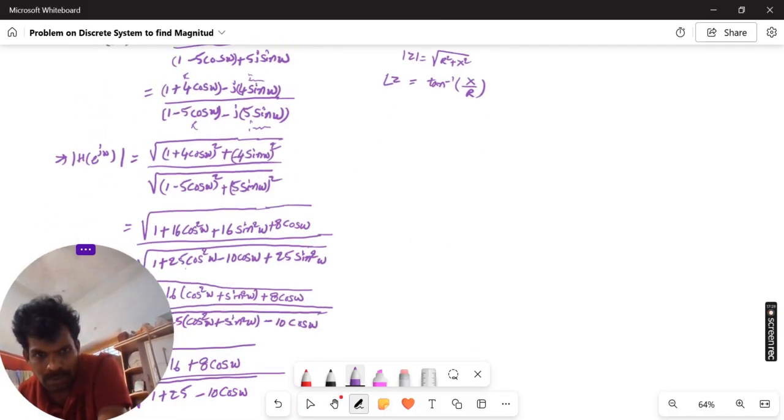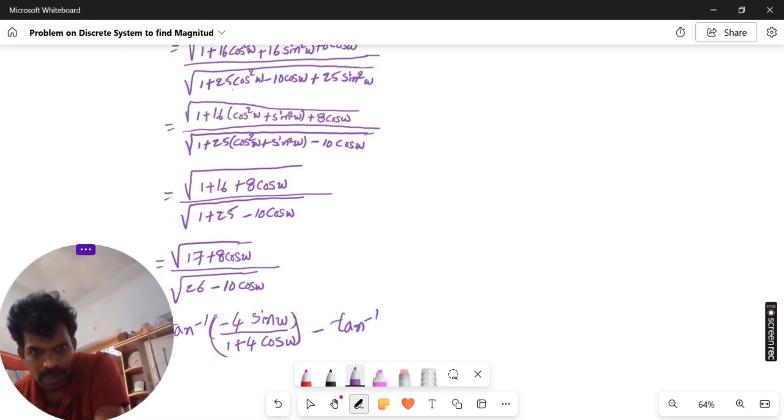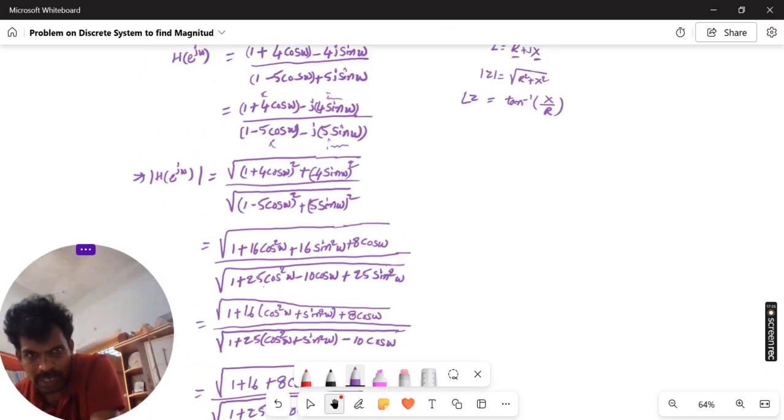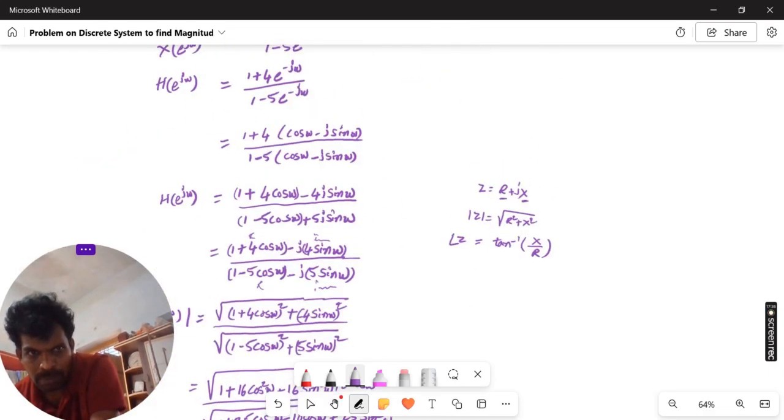So here the denominator is also expressed in terms of tan inverse of imaginary value by real value. What is that imaginary value in the denominator? That is from this term. So we are going to derive the phase response from this expression.